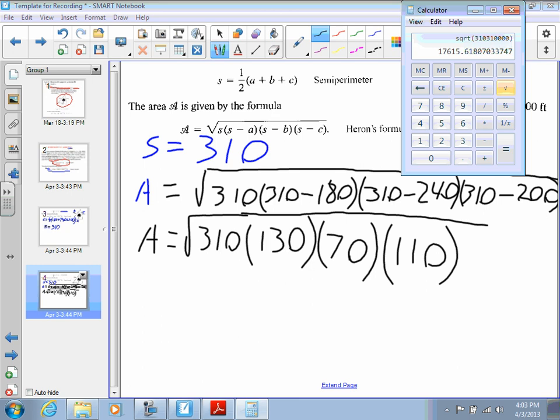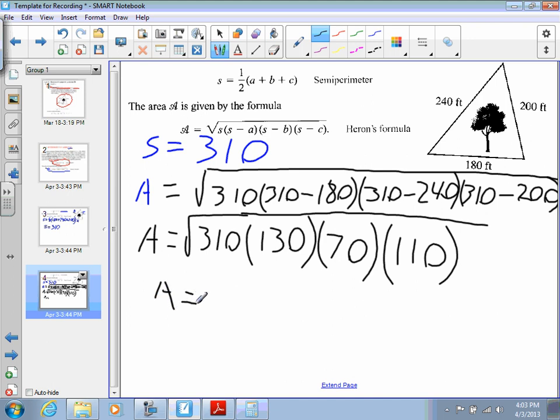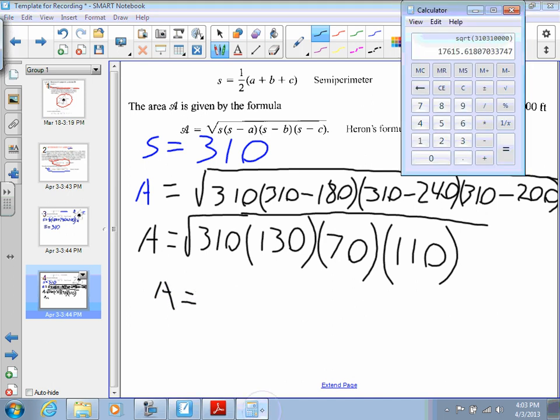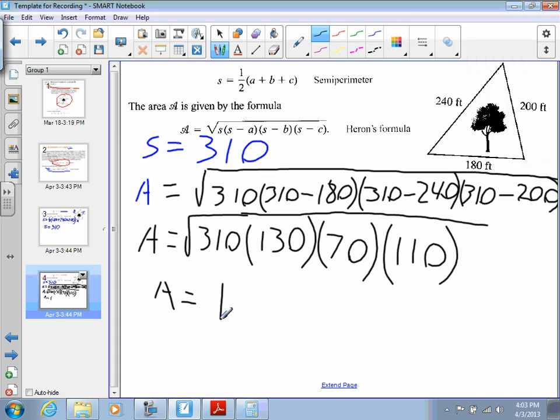Okay, so our nearest whole number for area equals, bring my calculator back up here, 17,615.5. And as this was measured in feet, my area is going to be in square feet. And I'll go ahead and put the comma in. And my question asks me just to find the area of the plot, which I have done.